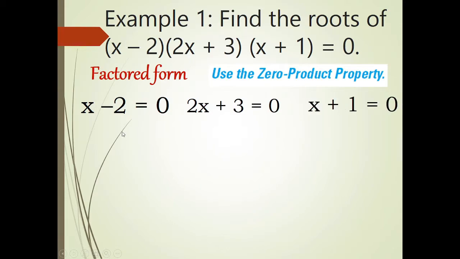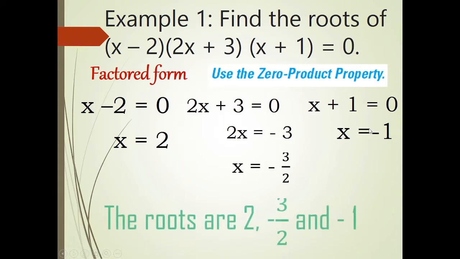So, let's get the value of x from this. First, if x minus 2 equals 0, x is equal to 2. Next, if 2x plus 3 equals 0, 2x is equal to negative 3, x is negative 3 over 2. And the third one, if x plus 1 equals 0, x is equal to negative 1.